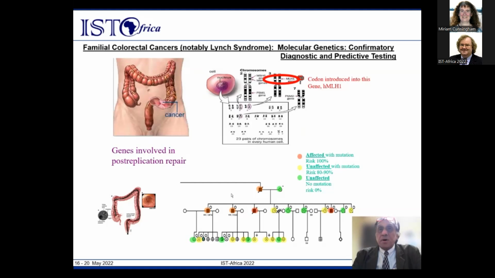Whereas perhaps more importantly are those individuals in yellow who are tested and shown to be carrying the mutation, and they are very likely to develop colorectal cancer in their lifetimes. And interestingly, they develop a range of other cancers, but not as commonly as they develop colorectal cancer. So you can see the value of being able to identify these genetic factors.